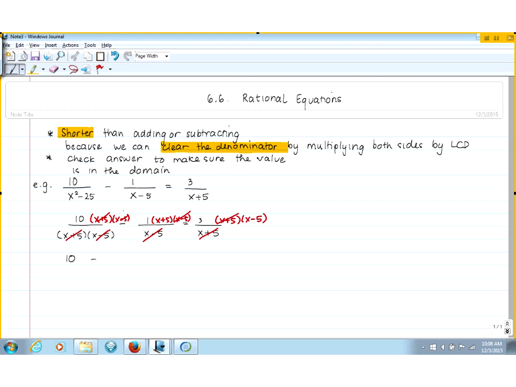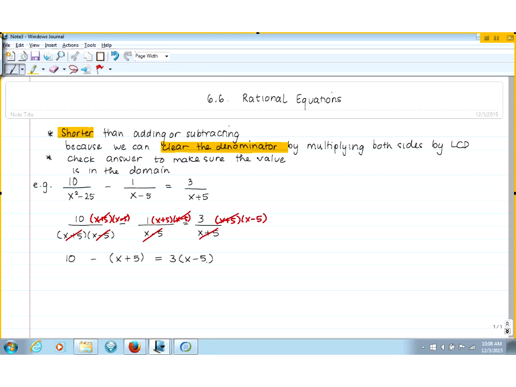So when it clears, I only have x squared on the left, minus what? x plus 5. Remember the parentheses. 1 times x plus 5 is equal to 3 times x minus 5.